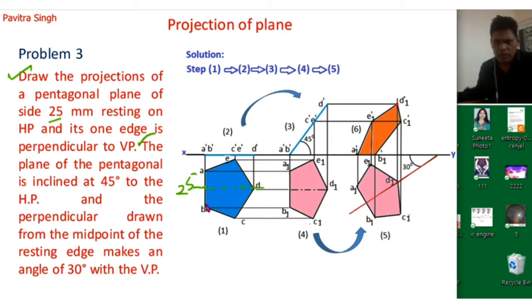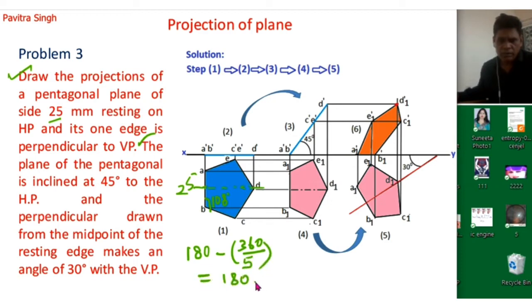Now we will draw this line BC. So this angle should be known. This will actually be 108 degrees, because 180 minus 360 divided by the number of sides, which is 5.